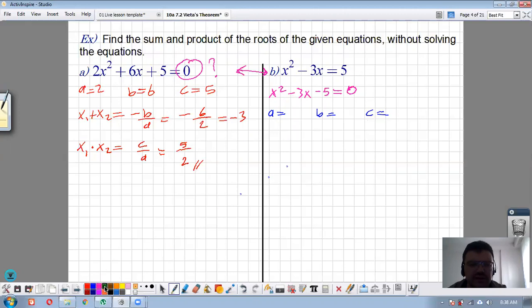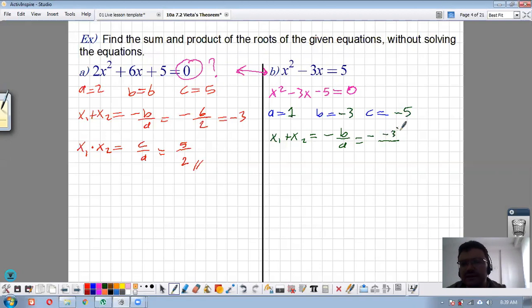So now, can you tell me what is the a number? 1. b number? Minus 3. Don't forget this. c number? Minus 5. So it is just about memorizing the formula right now, which is minus b over a. So minus, what's the b number? Minus 3.